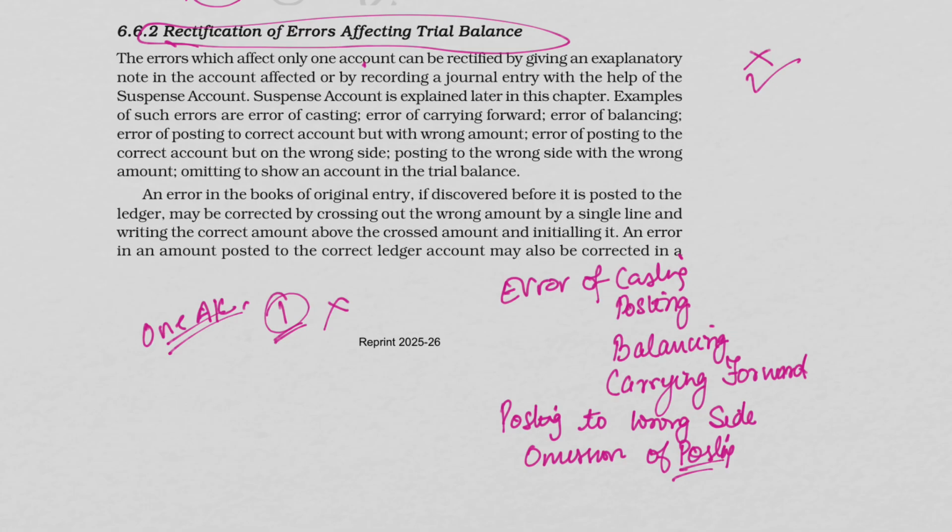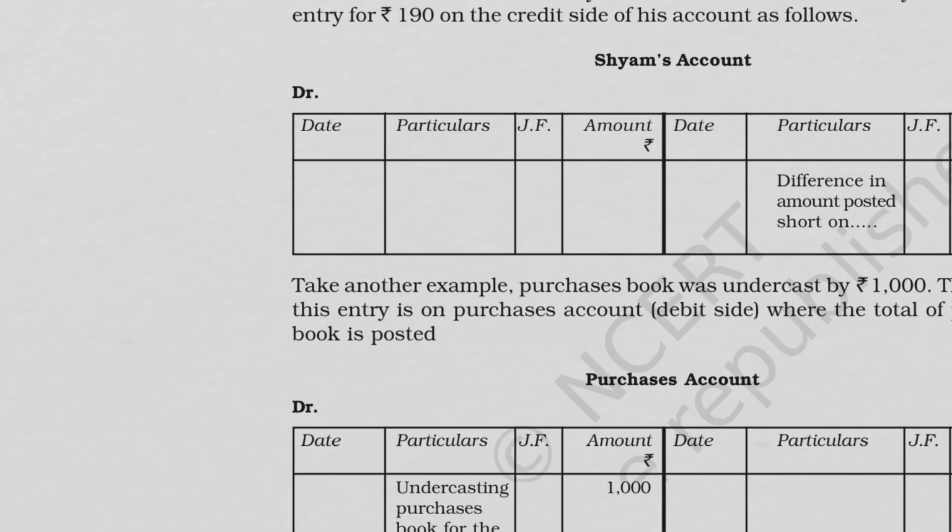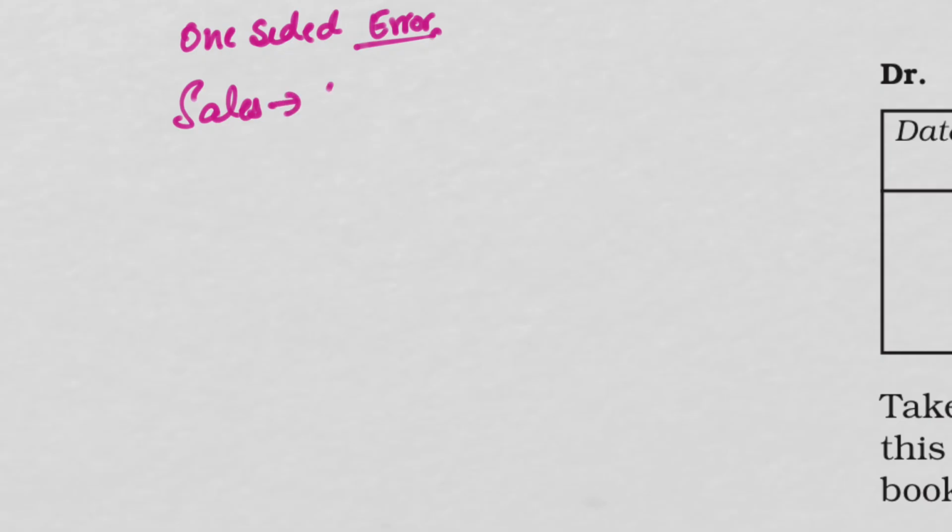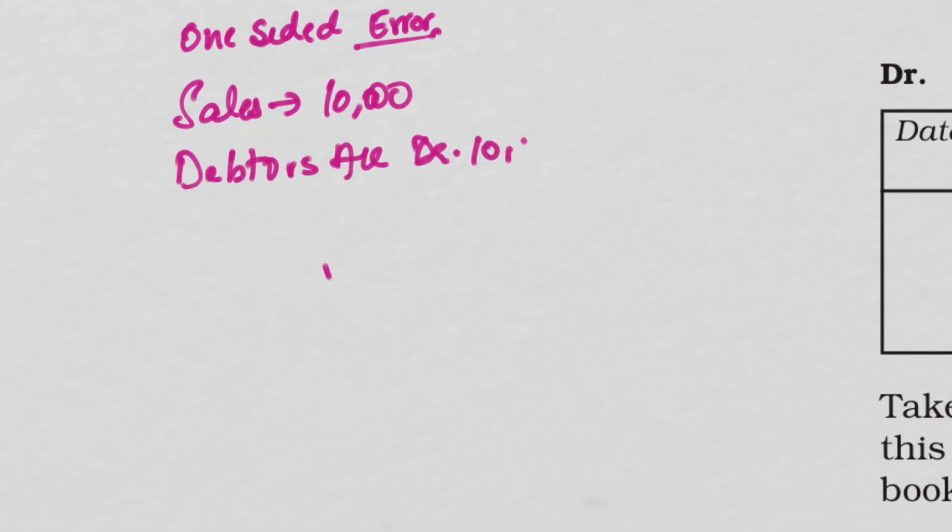First of all, we have one-sided errors. So when an accounting entry affects only one side, it is called a one-sided error. For example, suppose sales are rupees 10,000. So the correct entry should have been debtors account debit rupees 10,000 to sales rupees 10,000.